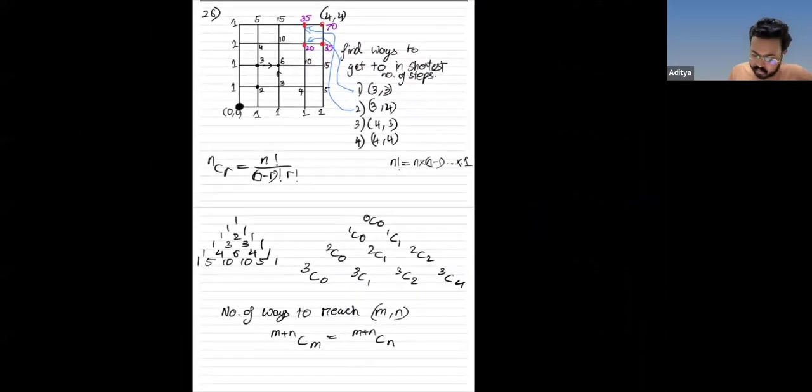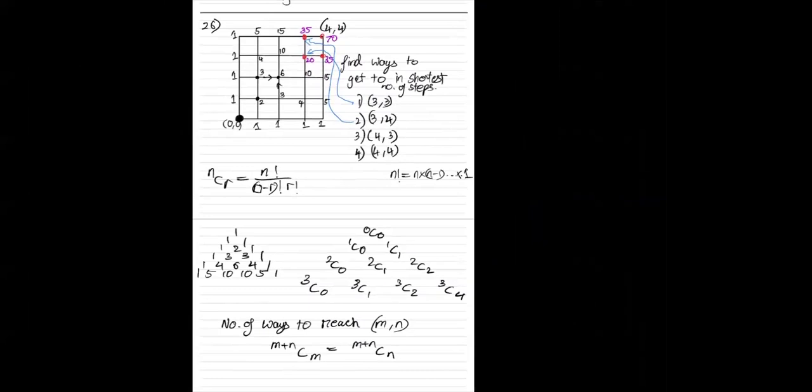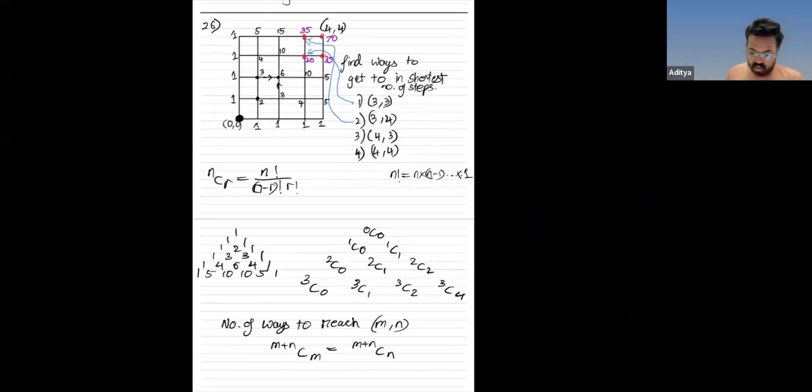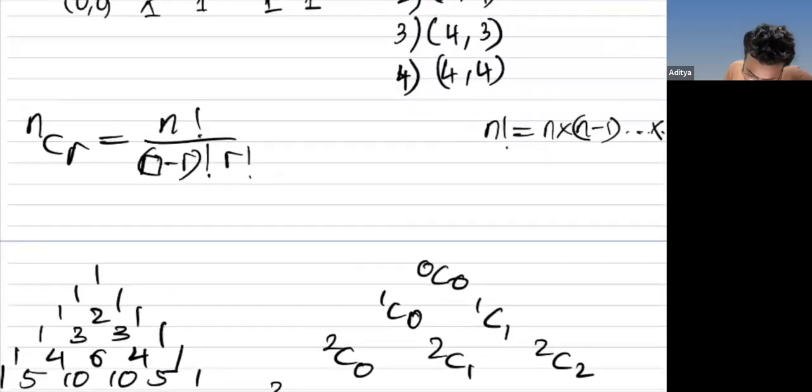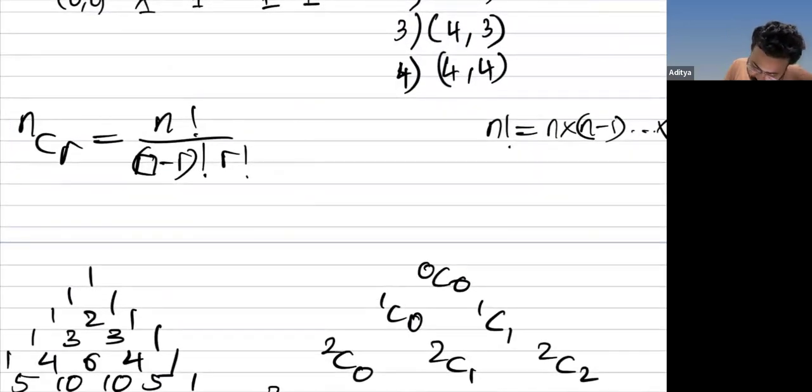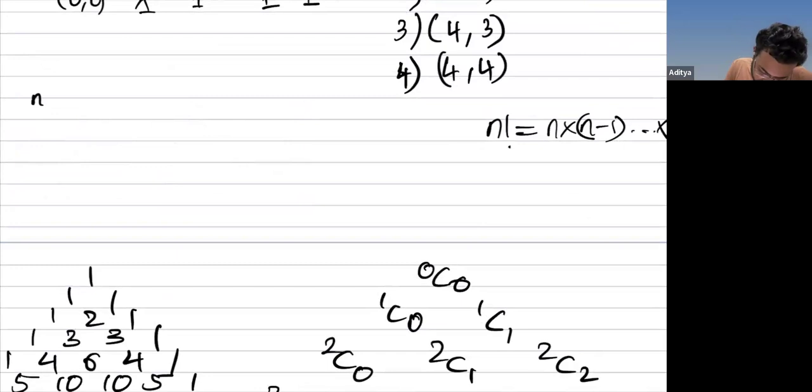What happened? What does CM and CN mean? So this is the combinatorial, I'll write this properly. nCr is equal to n factorial upon n minus r factorial times r factorial.